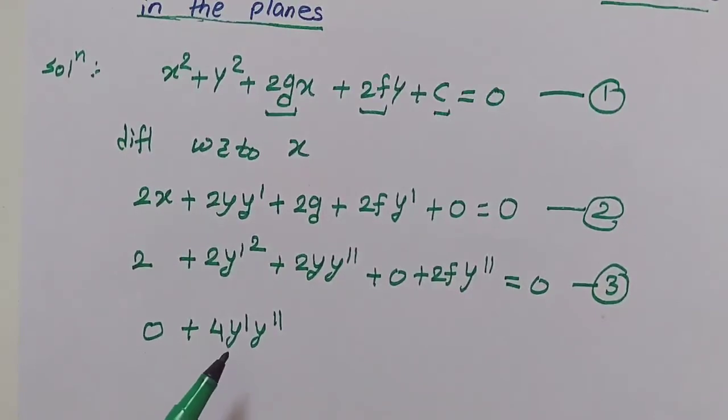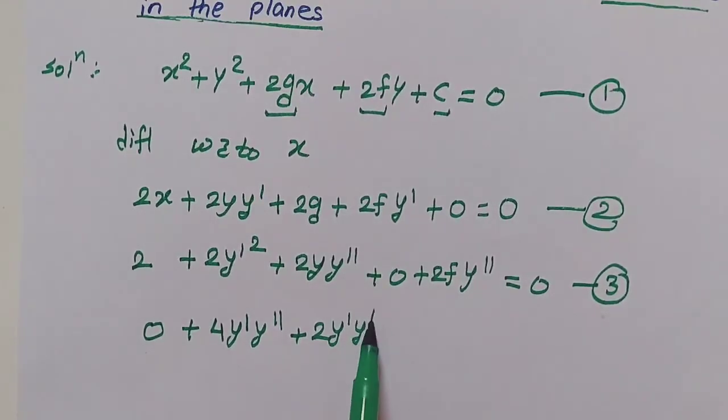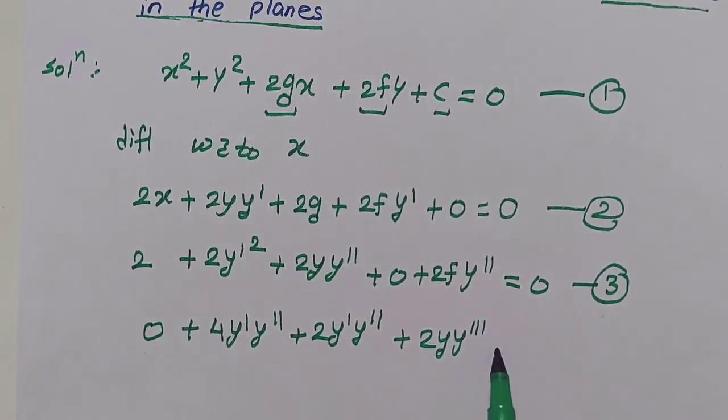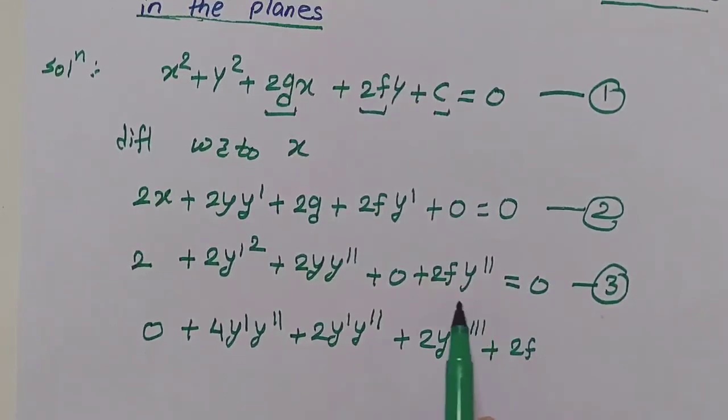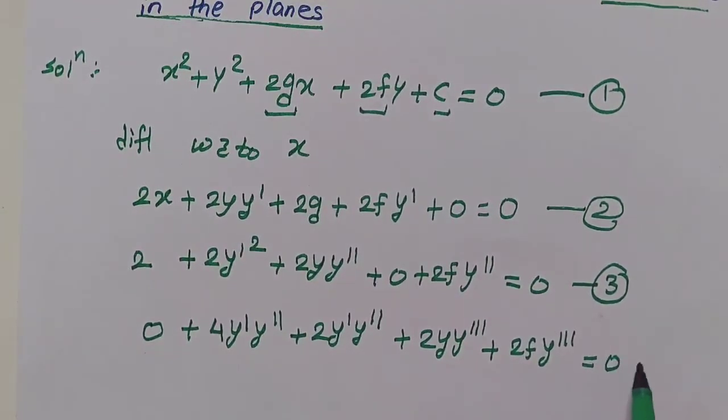This is a function of x, so we have to take the derivative of y' again, so it is y''. Now apply the product rule: 2, derivative of first term y', second term as it is, plus 2y, derivative of second term y''', plus the derivative of the last term, 2f constant as it is, derivative of y'' is y''' equals 0. This is equation number 4.